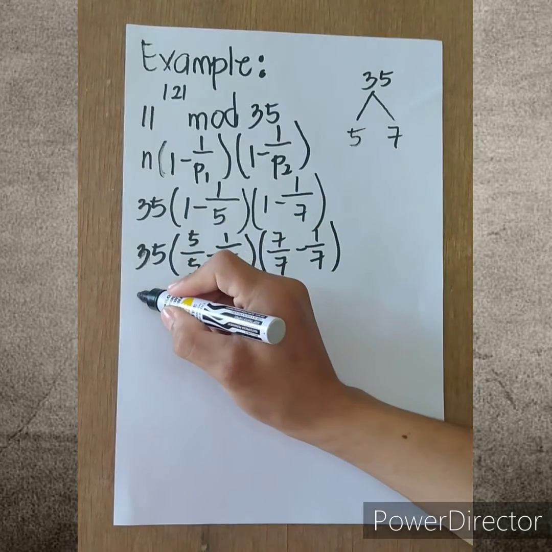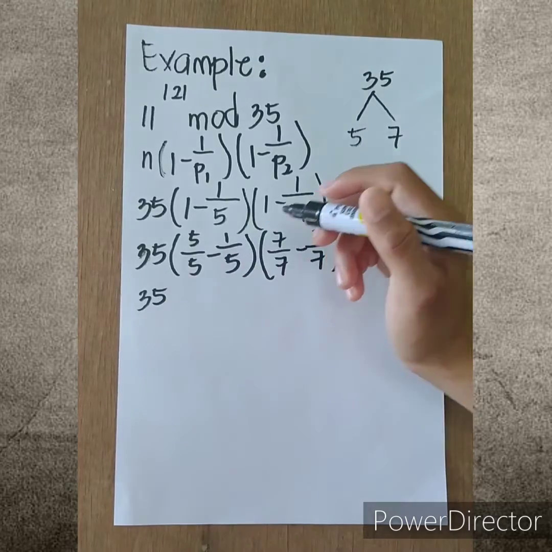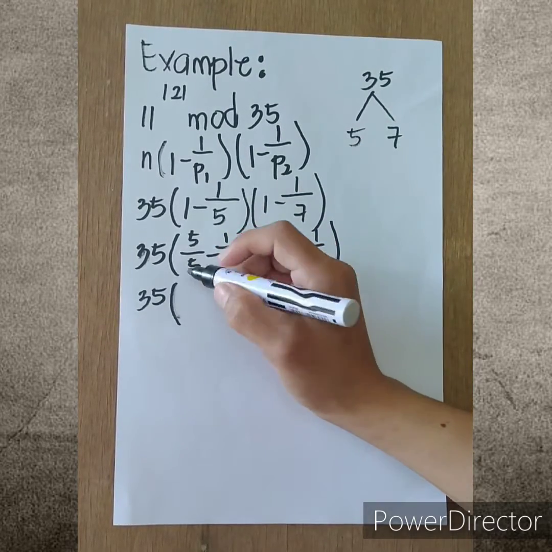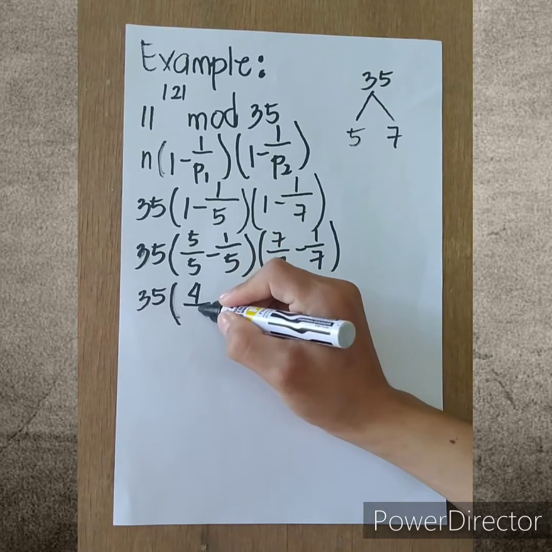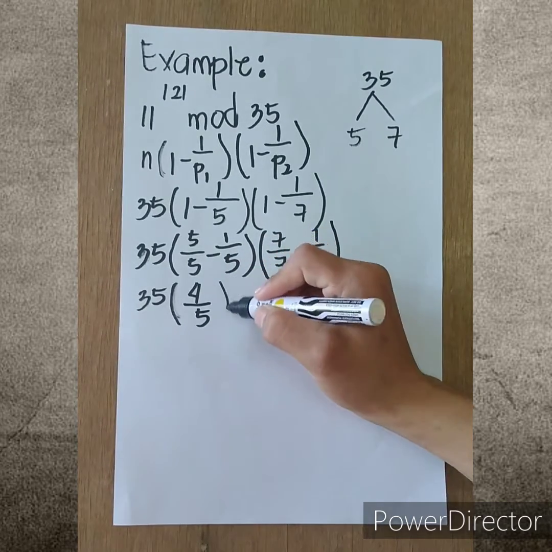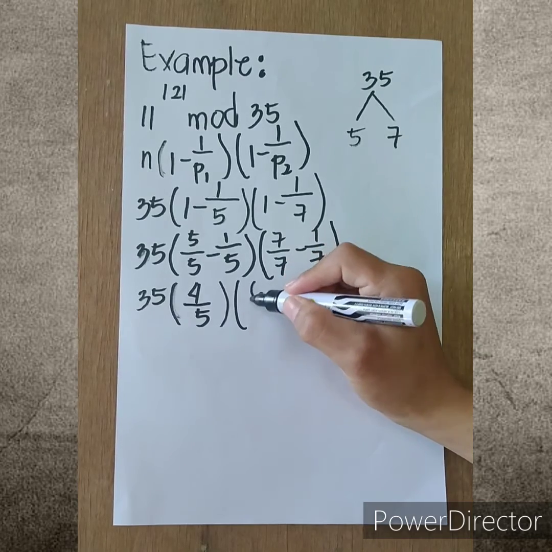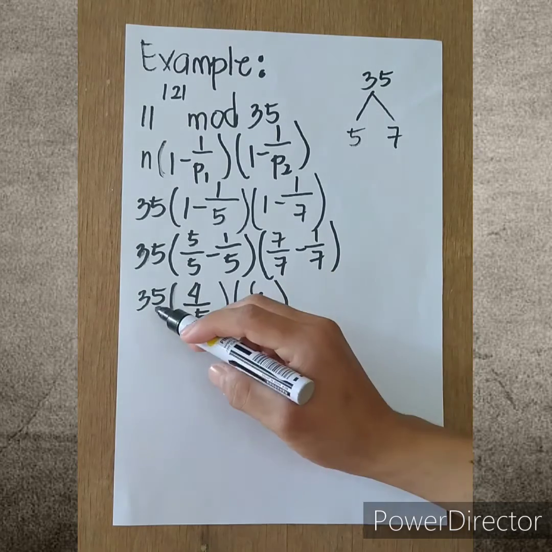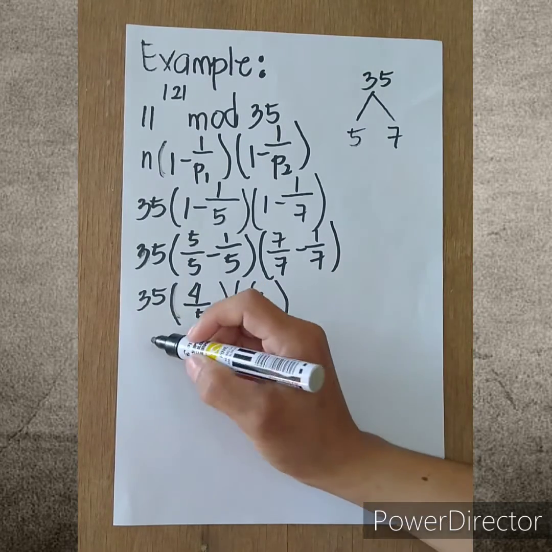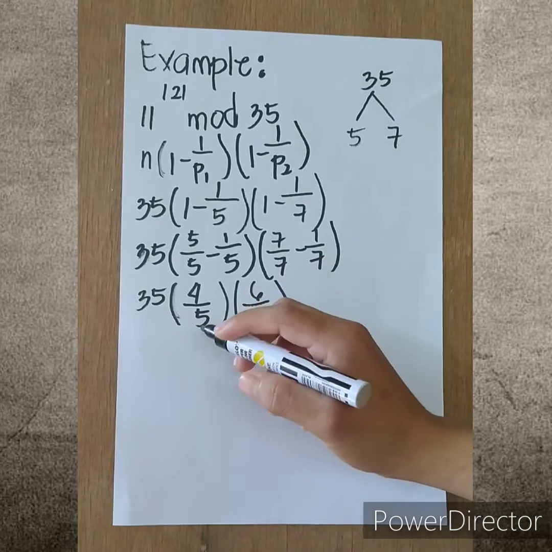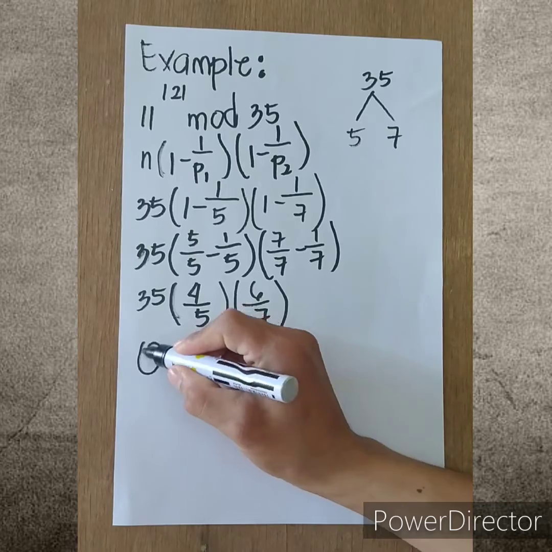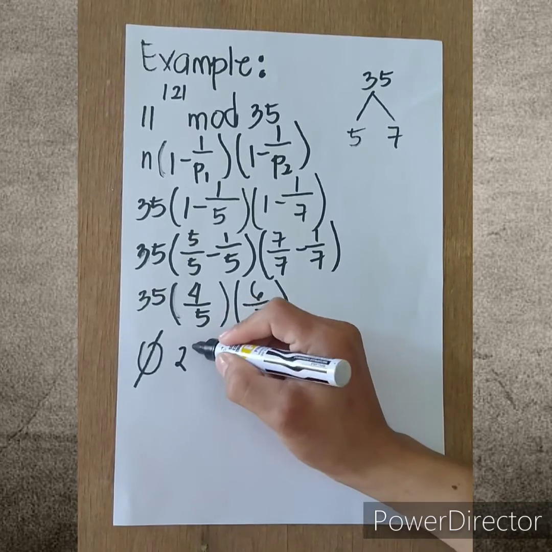So the answer is 35 times 4 over 5 times 6 over 7. When you solve this, we will get the answer of 24. So our totient is 24.